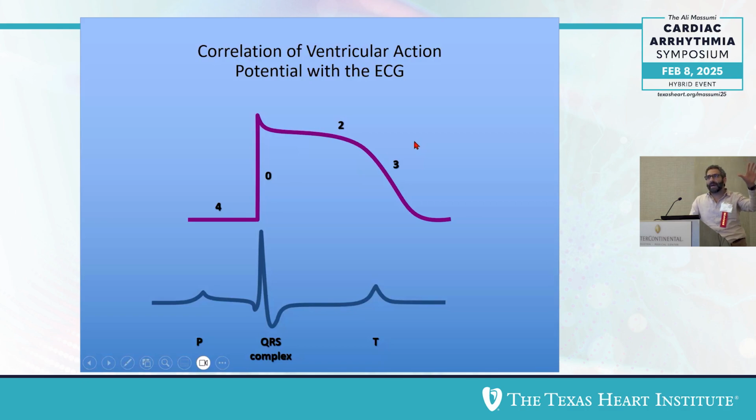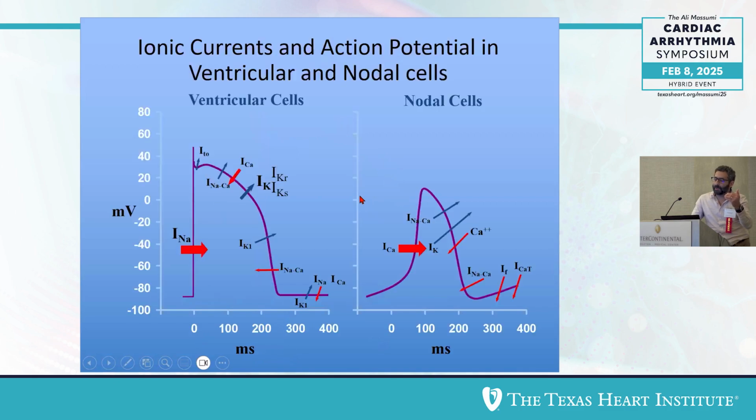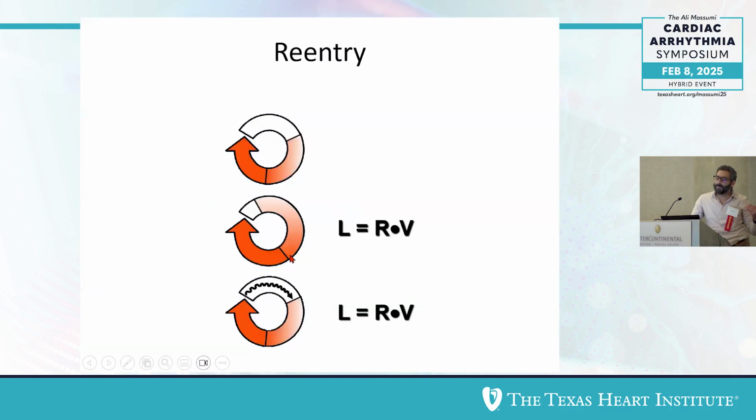Making the refractory period longer, and therefore, is that proarrhythmic or antiarrhythmic now? I'm making the tail longer. That's right, that's antiarrhythmic, because for a given constant velocity of the head, if the tail takes longer to recover, the head is more likely to hit the tail before it is fully recovered, and it extinguishes itself.